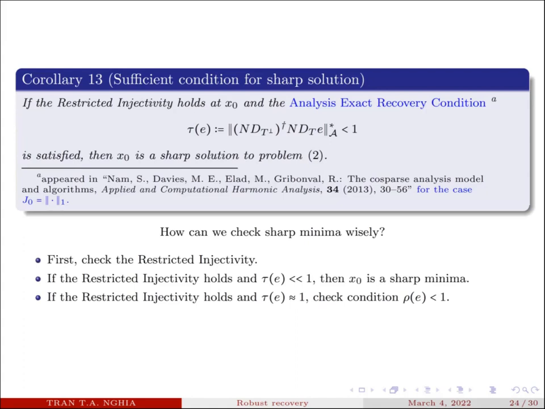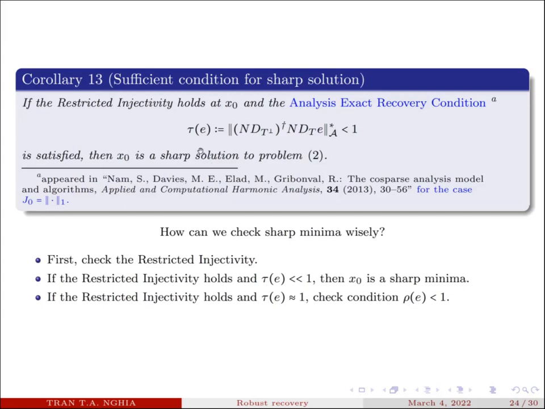All right, so how can we check a sub-minimizer wisely? First, we check restricted injectivity, and then we do not go directly to rho E, because for rho E we have to solve an optimization problem.